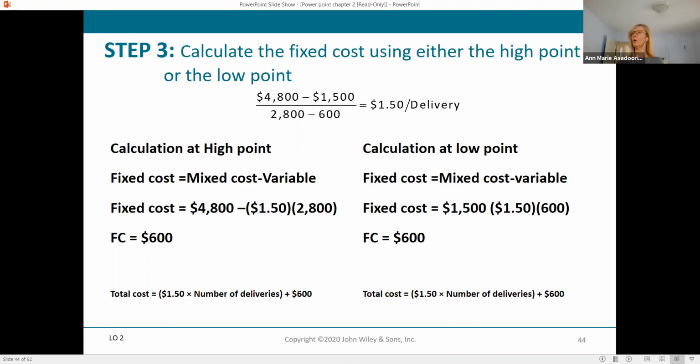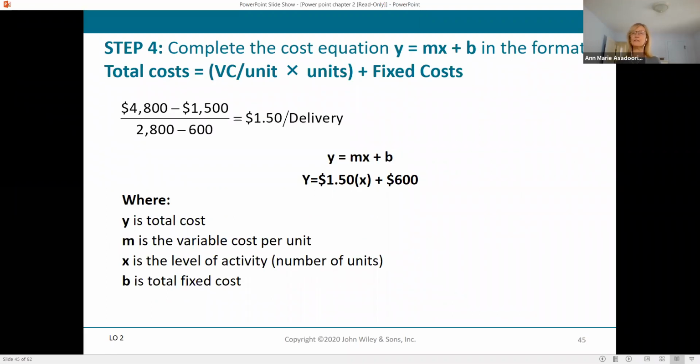Okay. And now that we know all of this, now we can project what the cost is going to look like in the future. Because here is that linear equation, right? Y is your total mixed cost. And I'm trying to figure out what it's going to look like in the future. And so I know it's $1.50.